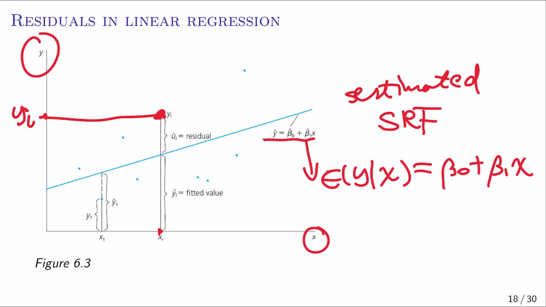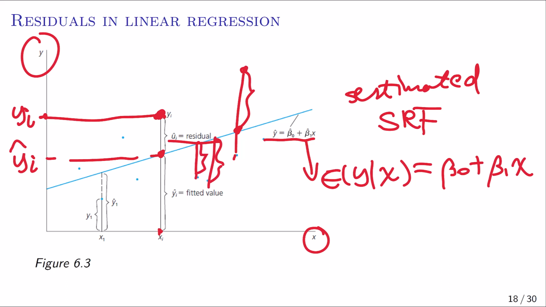But now, with this xi value, we could find the y hat value. Yi hat value. You can see yi hat value most of the time is not going to be the same as yi. There is a discrepancy. The discrepancy is exactly the ui. And then for each pair, we should easily get what this ui is, right? See that? Yeah, please make sure you understand what the residual means here.